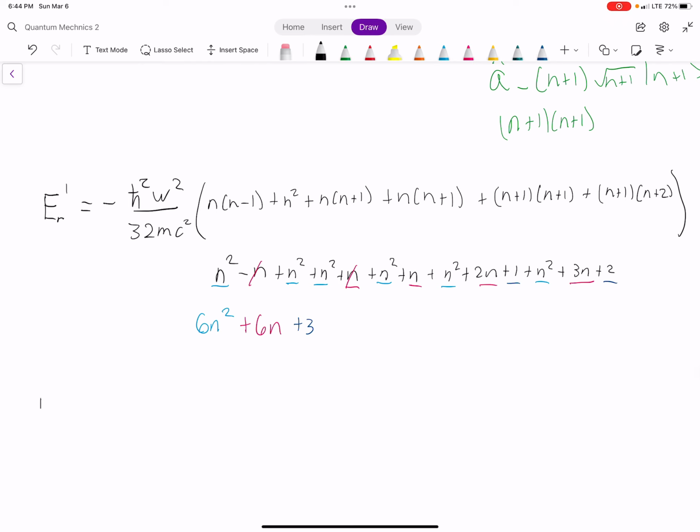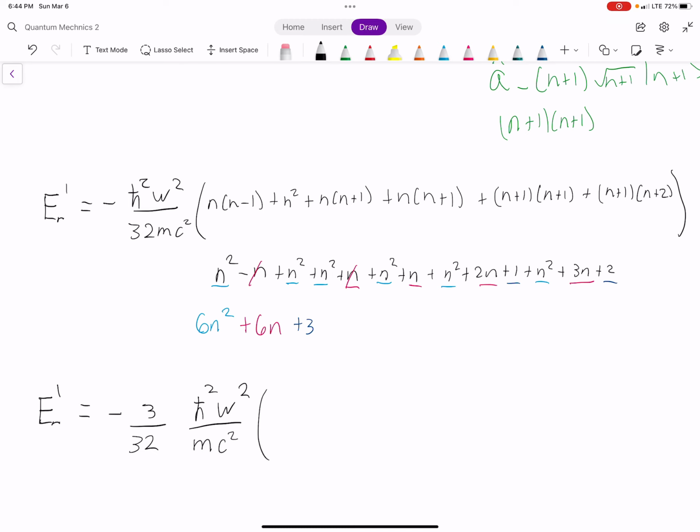Okay, so our relativistic correction is minus h bar squared omega squared over, let's do this, we can actually factor out a 3. 3 over 32, which does not go into that, so keep it like that. h bar squared omega squared over mc squared.